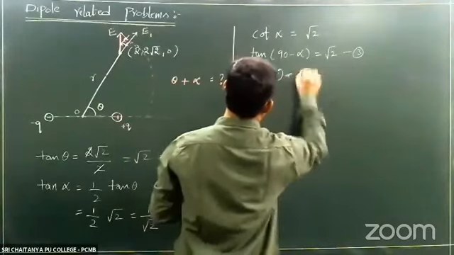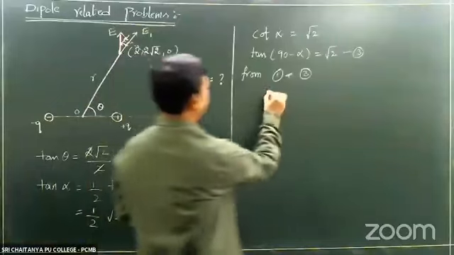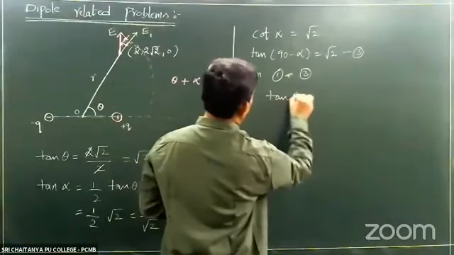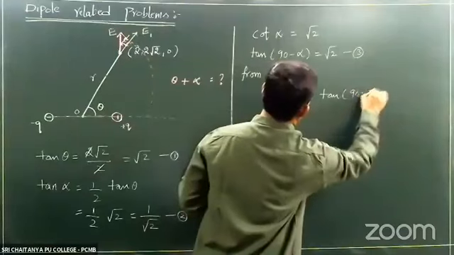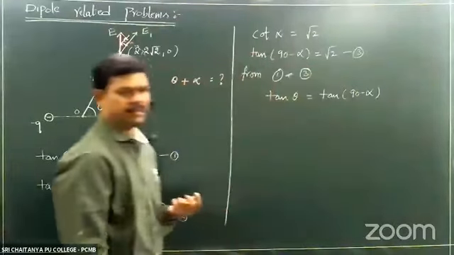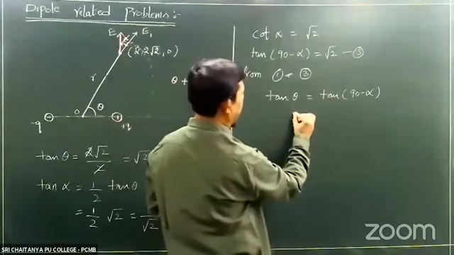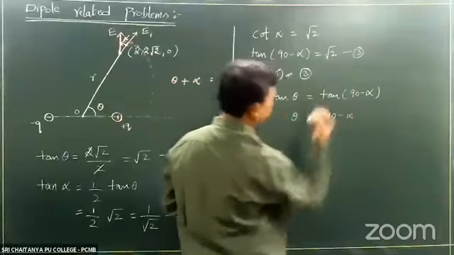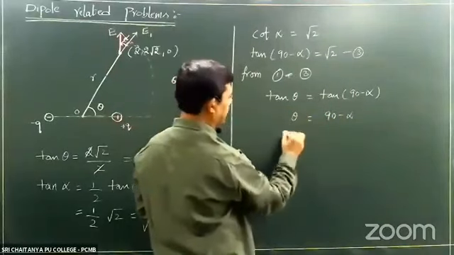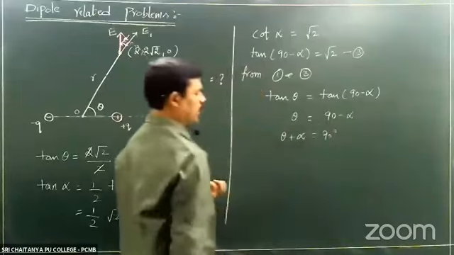From 1 and 3, what can you write? Tan theta is equal to tan 90 minus alpha, right? So on both sides, remove tan, we can write theta is equal to 90 minus alpha. Bring alpha on this side, theta plus alpha is equal to 90.